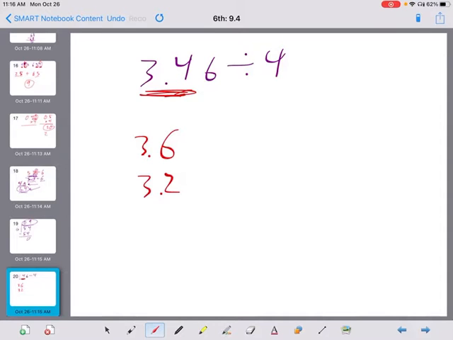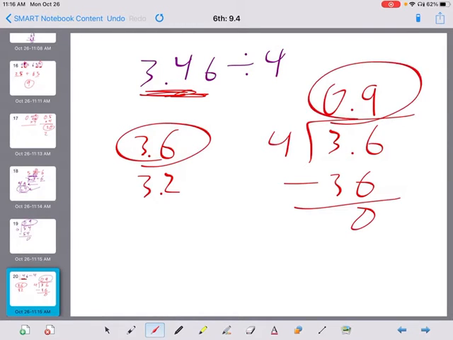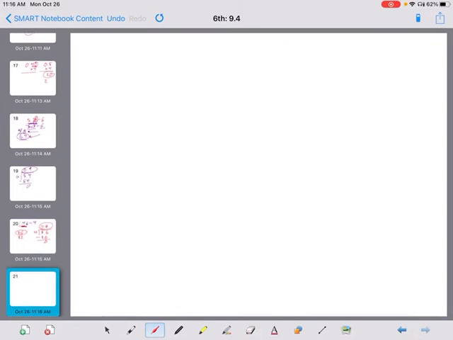Which one is 3.46 closer to, 3.6 or 3.2? That's right, it's closer to 3.6. So we would do 3.6 divided by 4. 4 goes into, remember I put my decimal there, 3 0 times, goes into 36, 9 times, 9 times 4, 36. Look at that, we're done. 9/10 is our answer again. Yes, it's a coincidence that you got the same answer for both of those.